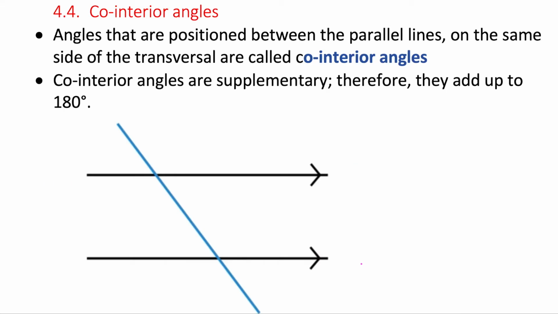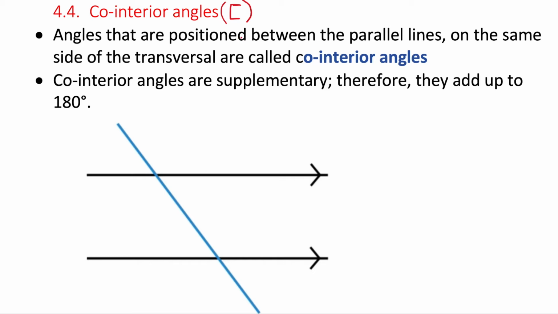Okay, the fourth relationship that we're going to study, so this one is 4.4, is still talking about those spatial relationships, called cointerior angles. And when we're going to talk about cointerior angles, I want you to remember by doing a C like this, okay? That's going to be how you're going to remember cointerior angles.